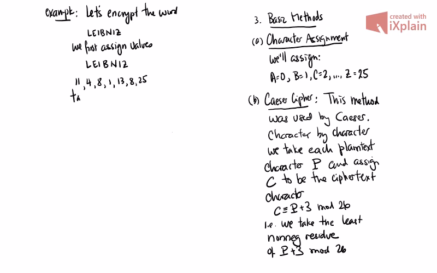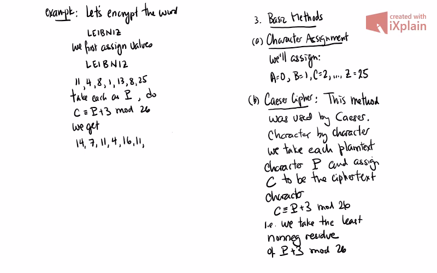Then we take each, let's be really specific, as P, and then we do C is congruent to P plus 3 mod 26. We reduce it. We get the values 14, and not many of them actually spill over and need to be reduced. 7, 11, because I'm really just adding 3 to the numbers above.